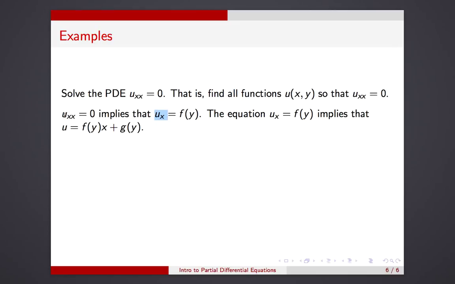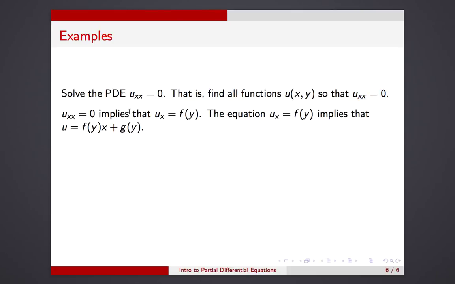So in other words, you integrate this guy with respect to x, and what do you get? You get a constant, but you get a constant with respect to y. Okay, but if u_x equals y stuff, that implies that u itself, if you integrate again with respect to x, is that y stuff times x plus some other free-floating y stuff. And there you go. Any function that looks like this is a solution of this equation.